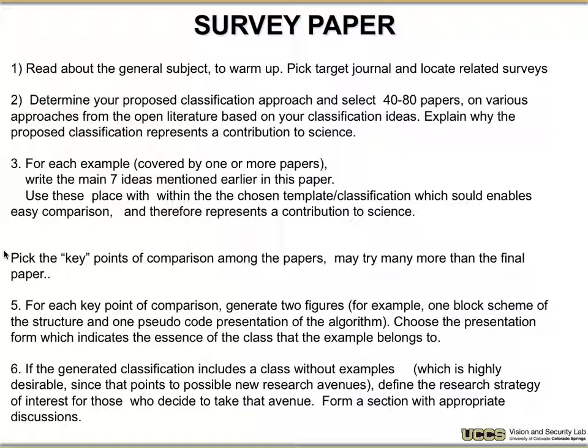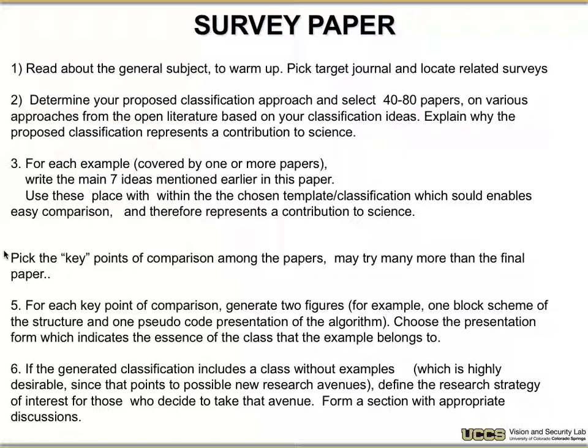And I recommend you actually write down at the beginning of your paper, your draft, right? You don't have to turn this in, but you should write down, here's why I think this classification is important as a contribution to science. I will tell you, that classification description is going to show up in the beginning of your draft, because you're going to say, here's a survey, here's our classification scheme, and here's why it's important.